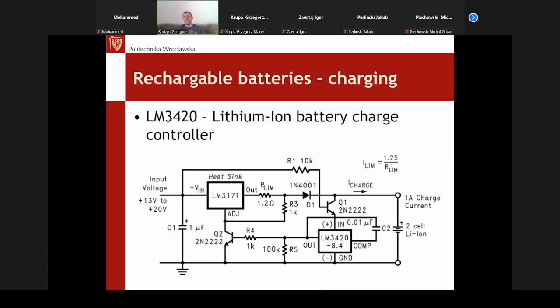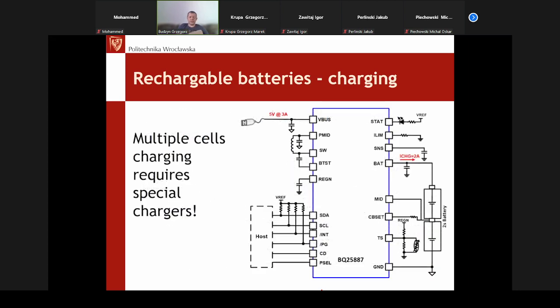But it's a dedicated charger for those two Li-ion cells. We have to adapt to the cells that we are using and to the number of cells, even to the manufacturers of the cells. So building a charger by yourself is always a tricky thing.